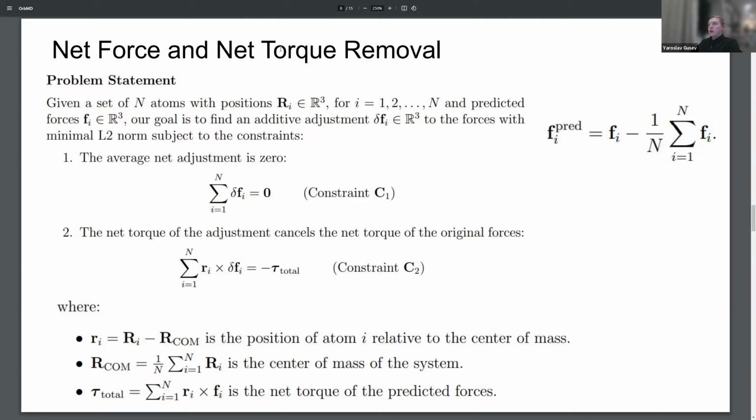Then there is also a torque, like a moment of force, that also needs to be removed in order for the system to not rotate.